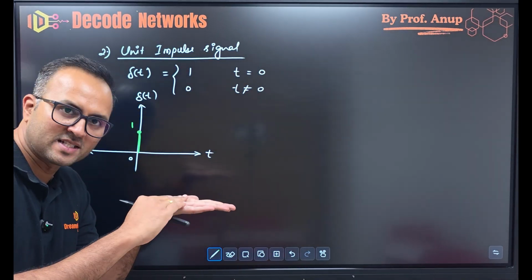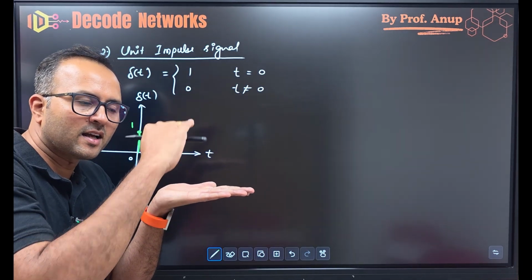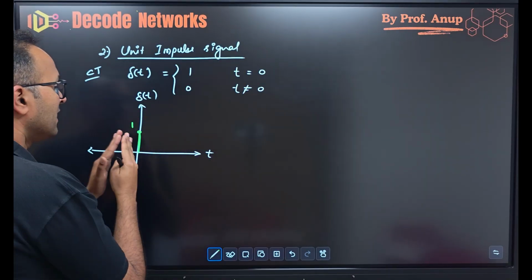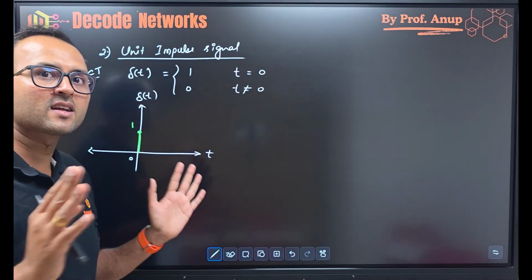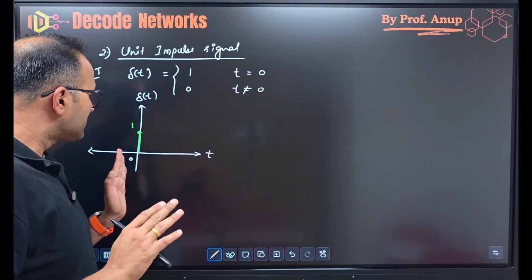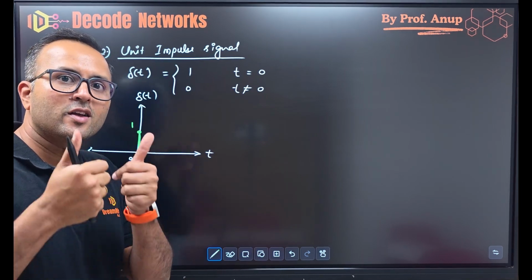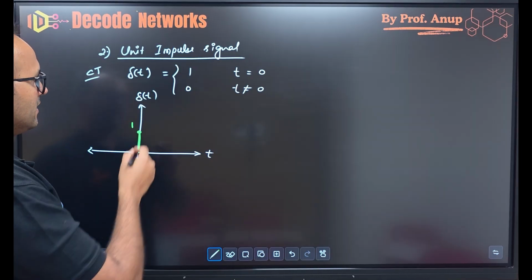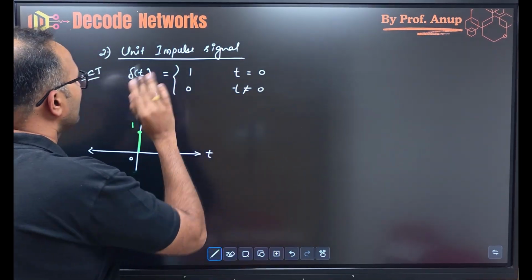Because other than 0, at any time, your signal is 0. Sir, at t equal to 0 your amplitude is 1. Understood? Very clear? This is del of t with the functional representation.